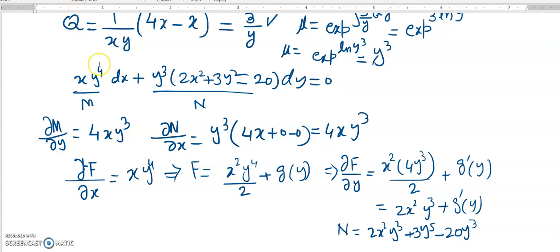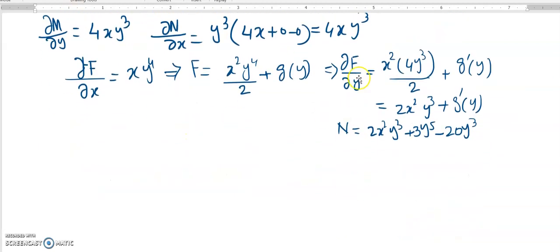If we compare these two values, partial f over partial y and this N, only the first term is common. So for these two to be equal, g prime y should be equal to 3y power 5 minus 20y cube.